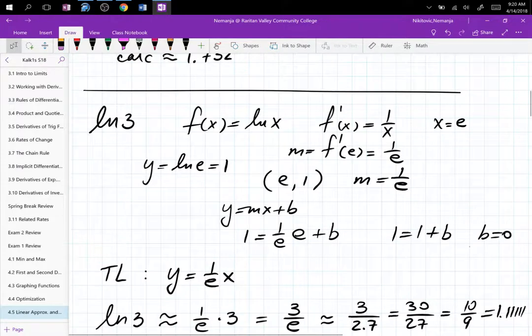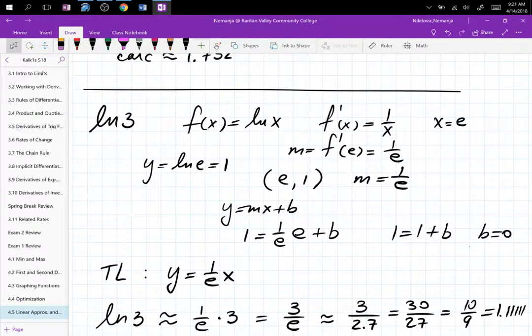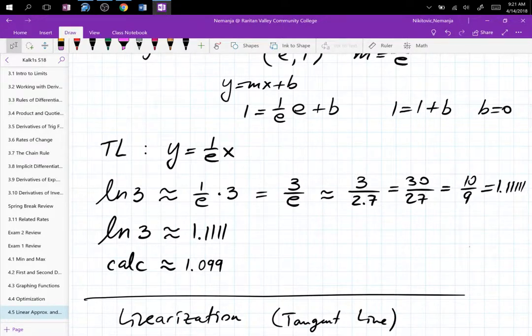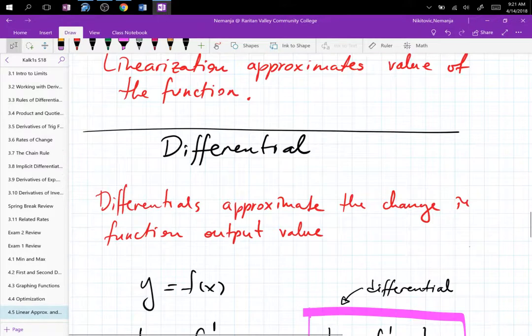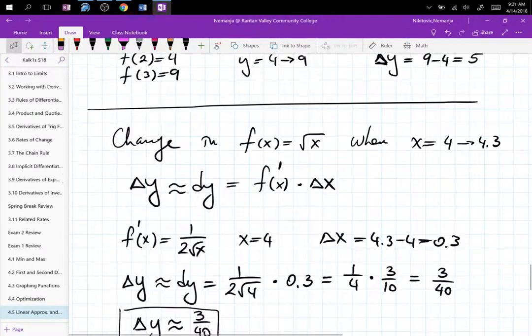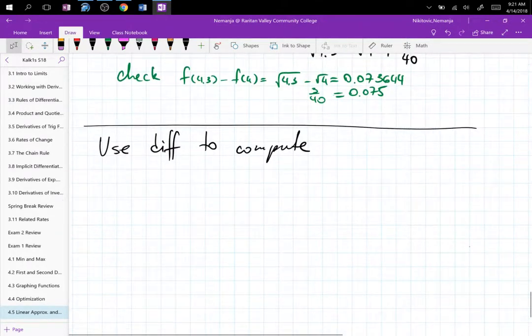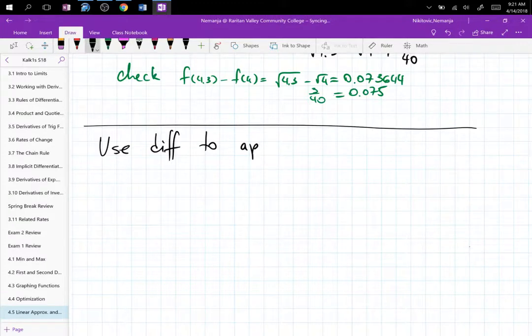ln 3. So ln 3, we did this with the tangent line approach, and we got 1.111111, right? So that was calculated by differential. So let's do ln 3 using differential, to approximate ln 3.